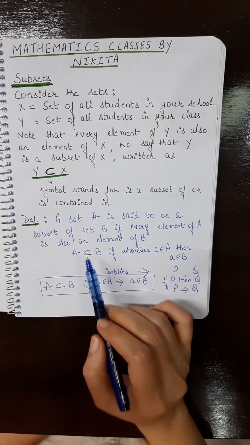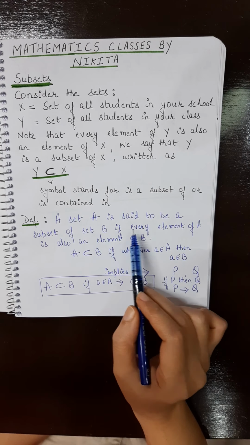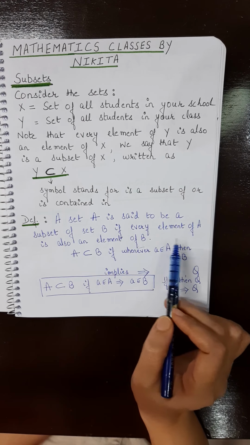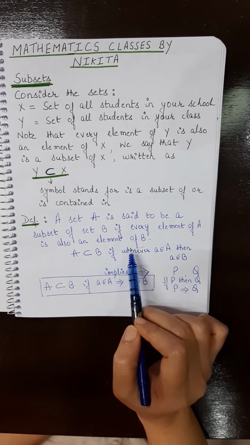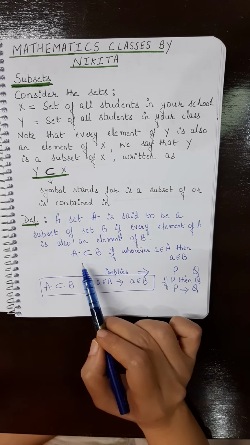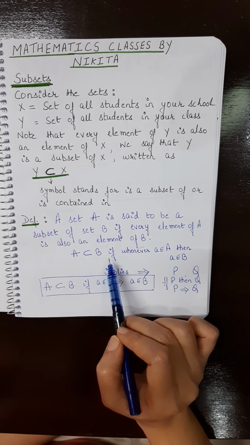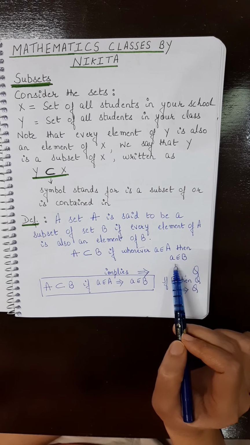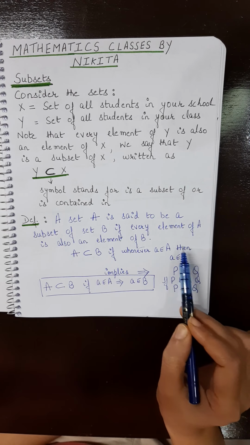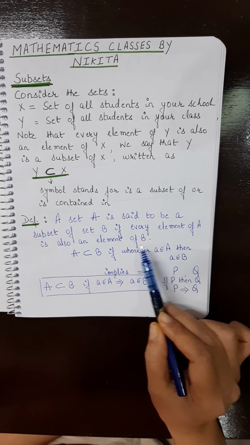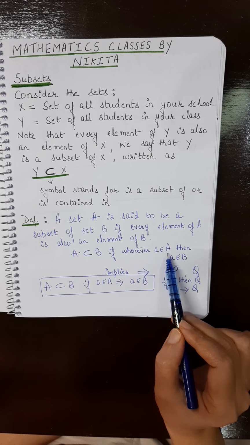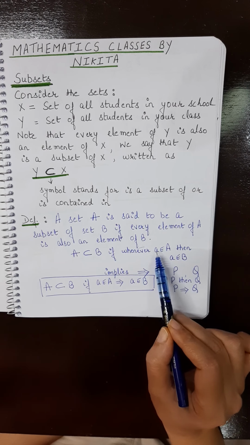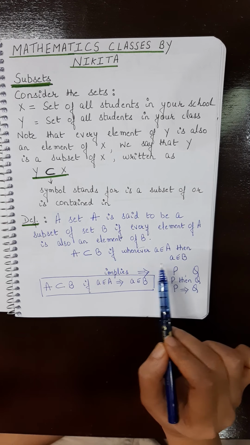the definition. A set capital A is said to be a subset of set capital B if every element of A is also an element of B. A is a subset of B if whenever a belongs to capital A, then a belongs to B. This is nothing but a rewritten definition: every element of A is also an element of B. Now this small a is not any particular element.